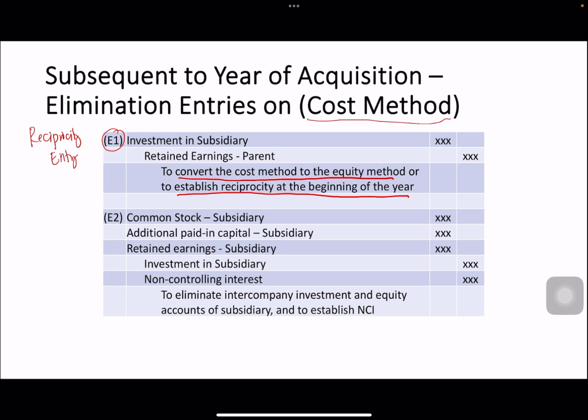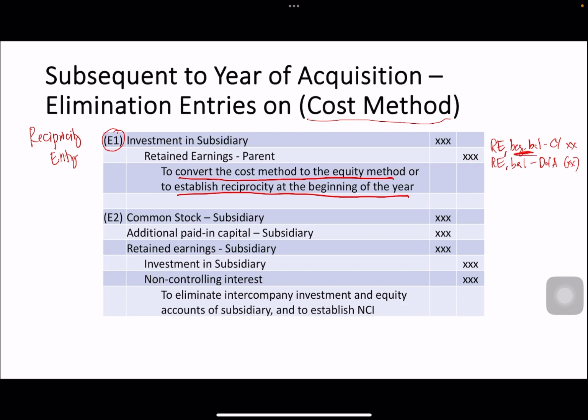First, we take the retained earnings beginning balance of the current year and compare it against the retained earnings balance on the date of acquisition. Take note that for the first amount, we should use beginning balance, not ending balance.